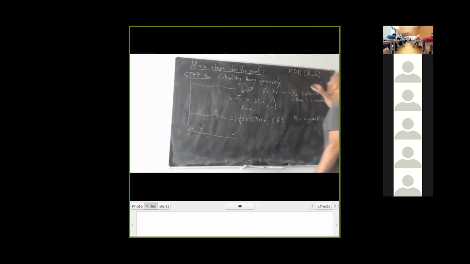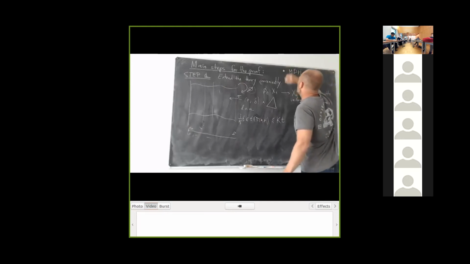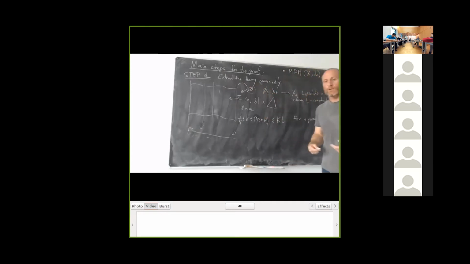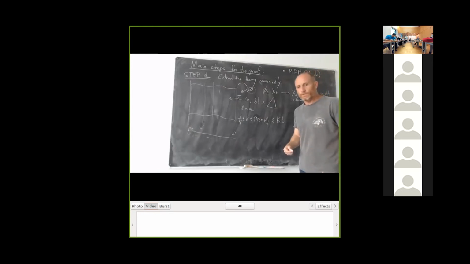Okay, so this moderately discontinuous homology is functorial for Lipschitz maps, and it's functorial also for the B maps. So B maps are very important in our theory.